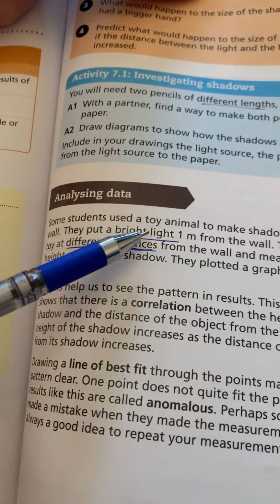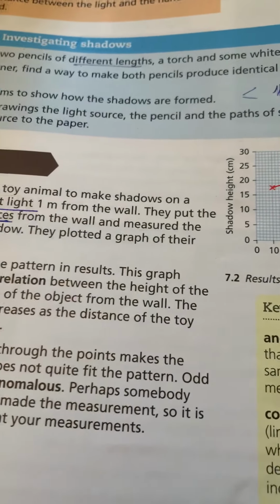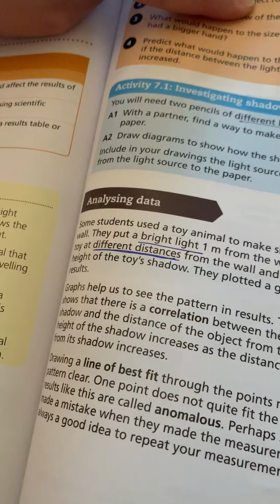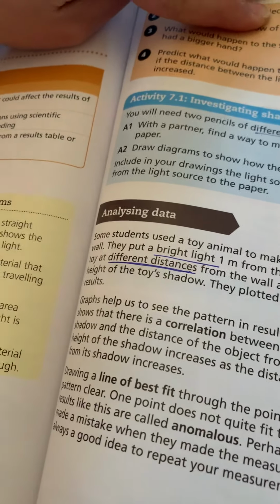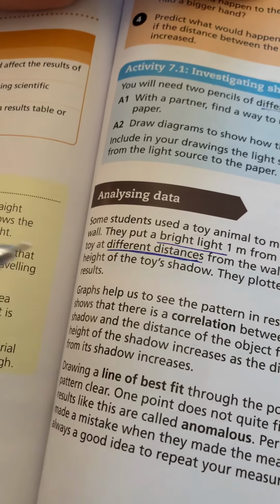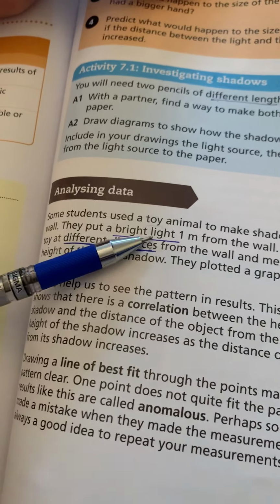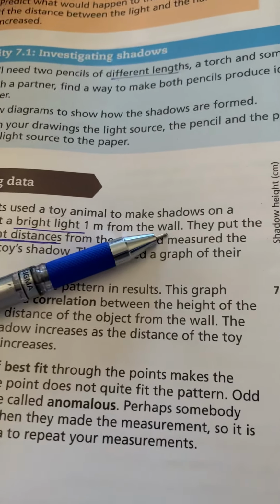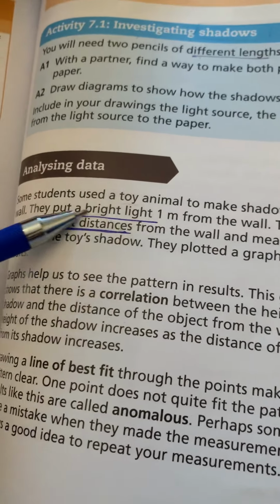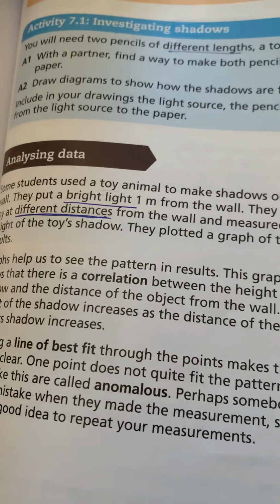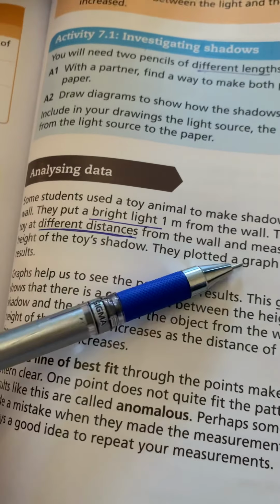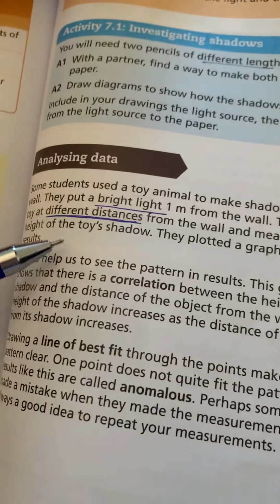Some students used a toy animal to make a shadow on a wall. So we have a light source, a toy, and the screen is a wall. They put a bright light 1 meter from the wall. They put the toy at different distances. So this is our variable: different distances from the wall, and they measured the height of the shadow.